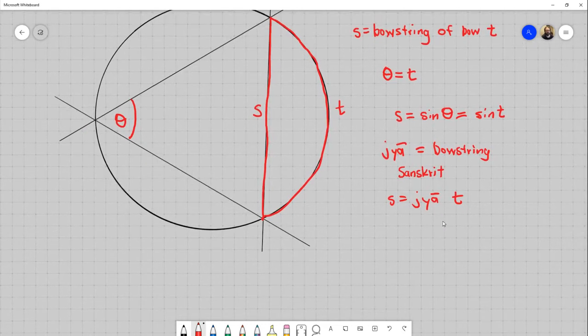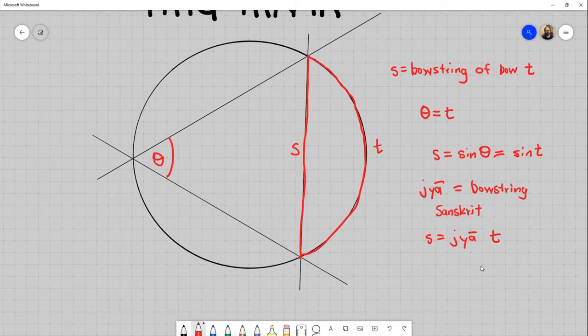And there were some other synonyms. Just like in English, we have different words that mean the same thing. And apparently, the word jiva also means bowstring in Sanskrit. Jiva t.